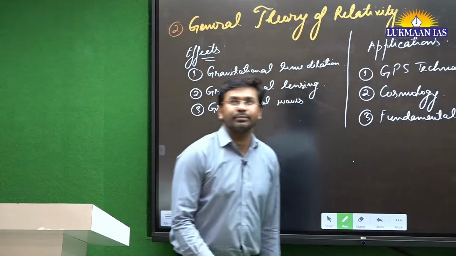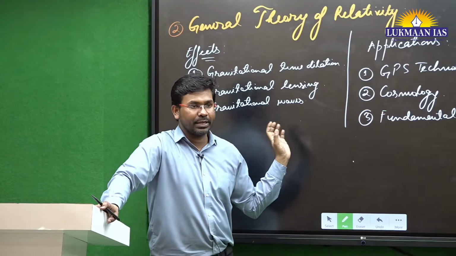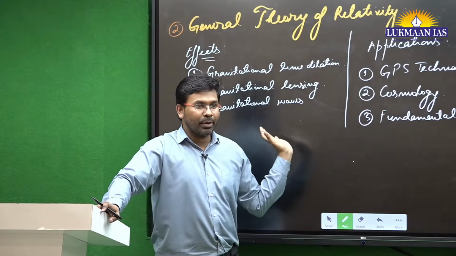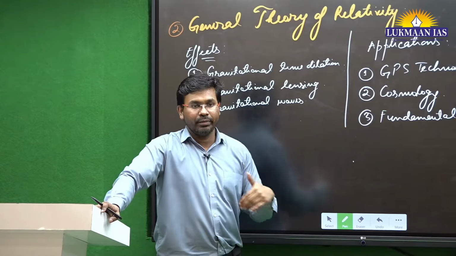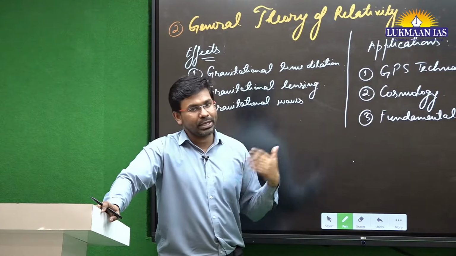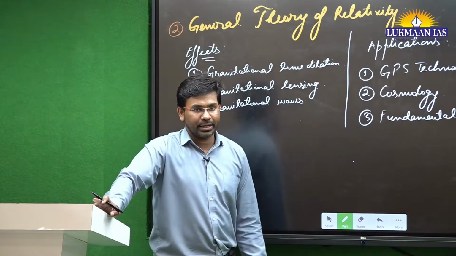So these are the areas where it is applicable. All right. So we will discuss the general theory of relativity in detail tomorrow. We'll solve some questions also, and tomorrow I'll give you the printed notes of today's class and of the demo class that we had.